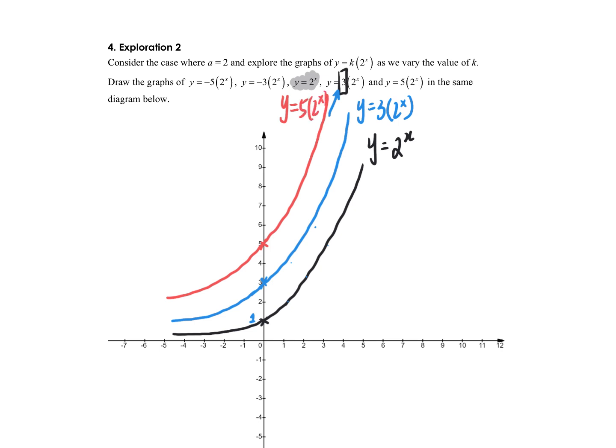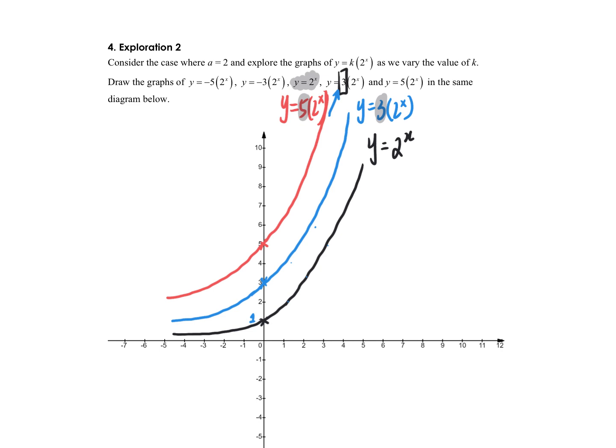So just take note of the number in front here. Make sure it passes through at different points, because instead of passing through at 1, now when I multiply by 3, it intersects at 3, and at 5 it intersects at 5. So just take note of the difference.